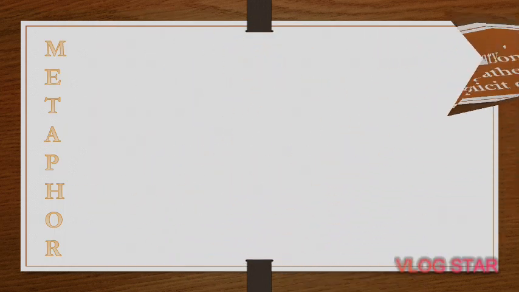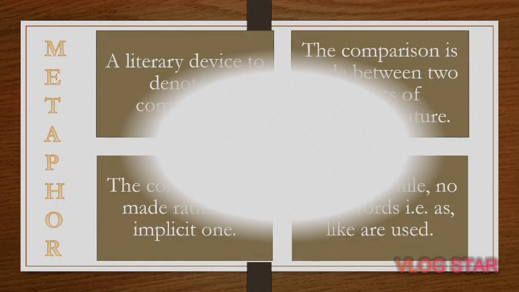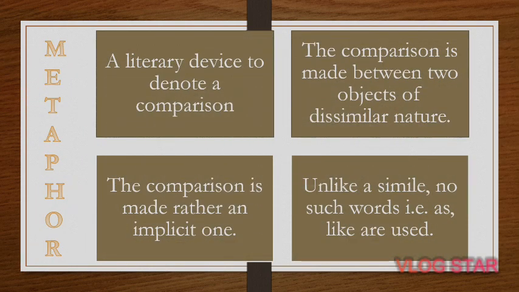On the contrary, a metaphor is also a literary device or figure of speech, and it also denotes a comparison, but unlike a simile, it doesn't take the help of the words like and as. A metaphor also denotes a comparison between two objects of different natures, but the comparison is not explicit.